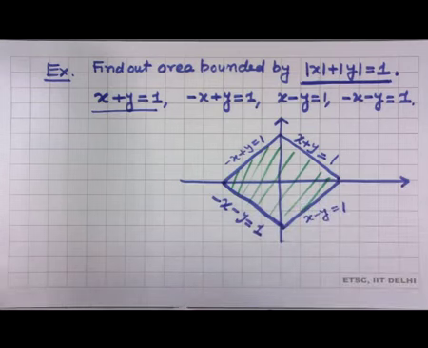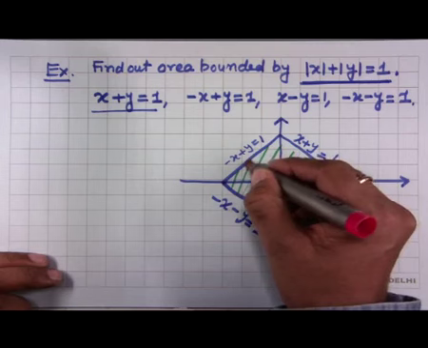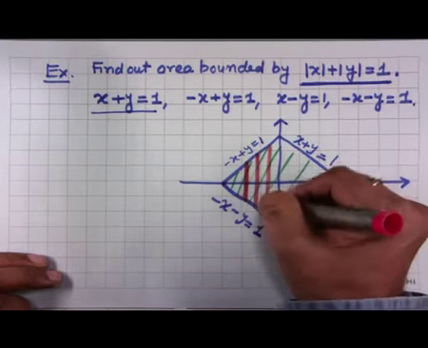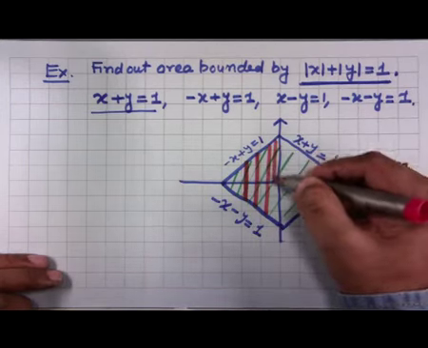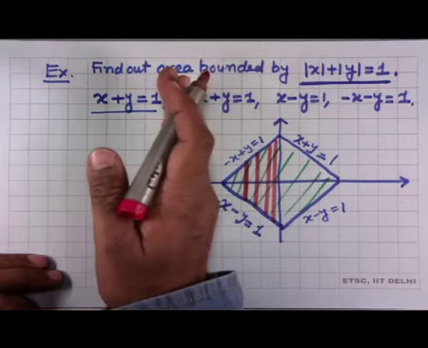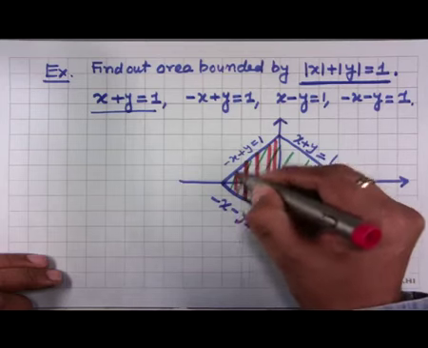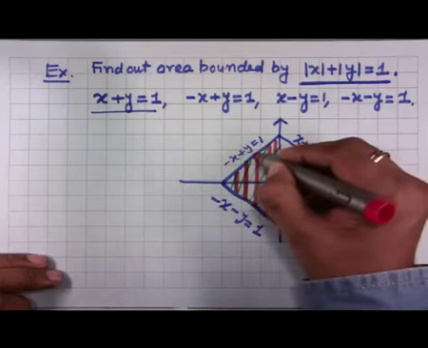Let us divide this area into thin vertical strips like this. What you can see is for this portion, which is on the negative side of x axis, the elementary rectangles start from this line and finish on this line.